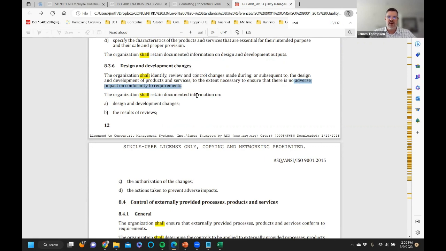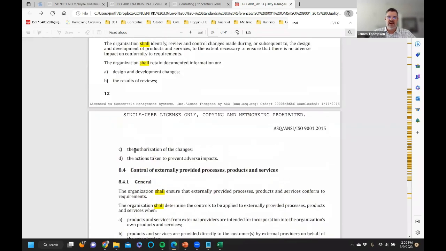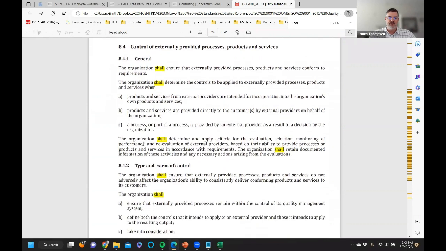The organization shall retain a record of changes, the results of reviews, who authorized the change, and the actions taken to prevent adverse impact. So you'll start to see the word authorization, just like you saw people and human factors being sprinkled in. You're going to start to see authorized persons and that sort of thing throughout the rest of the standard.